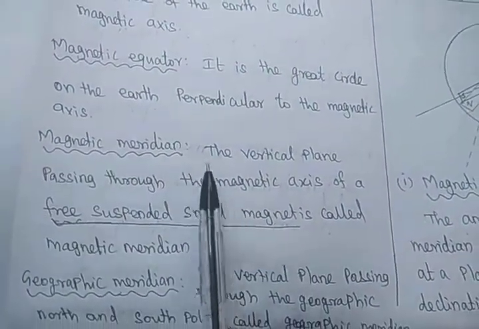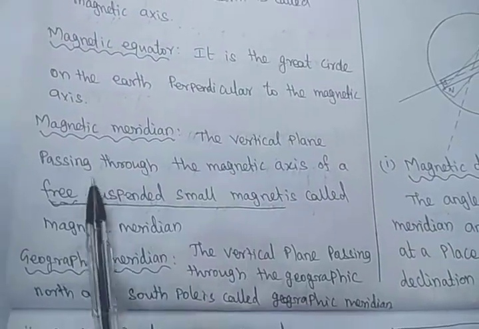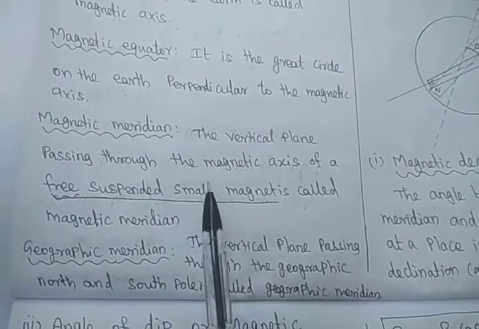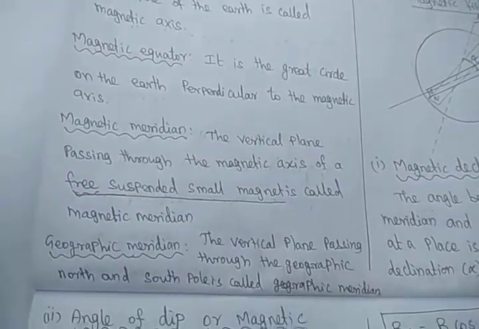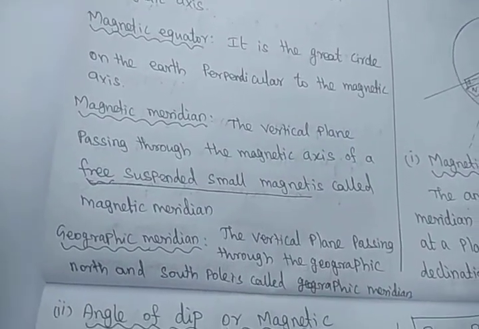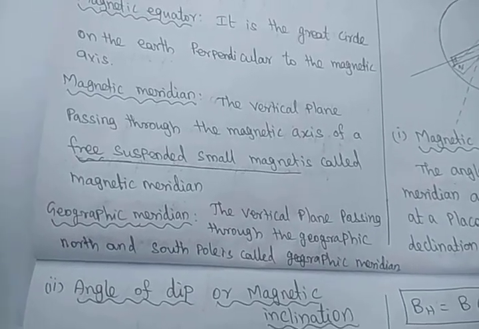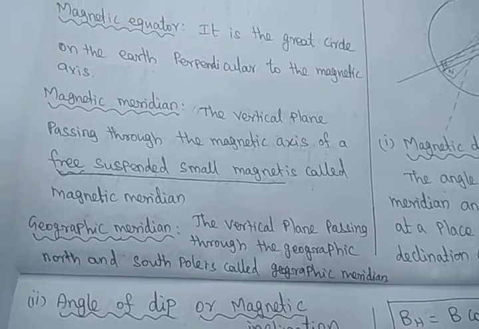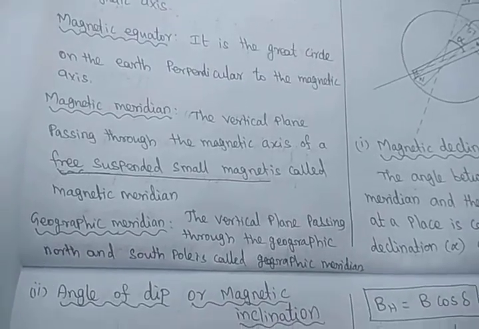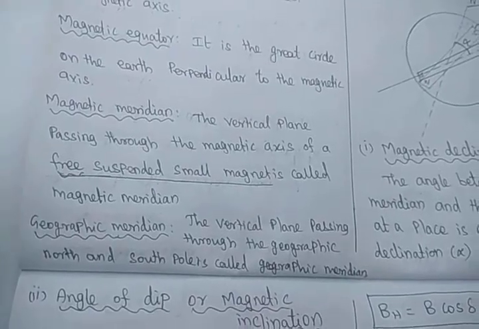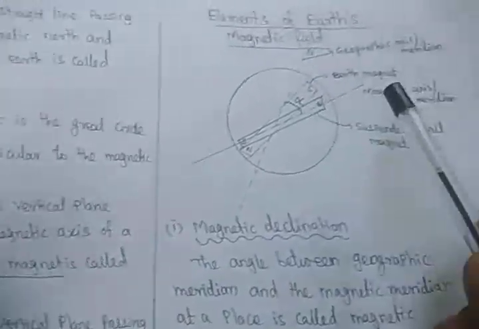Then magnetic meridian: a vertical plane passing through the magnetic axis of a freely suspended small magnet is called the magnetic meridian. Very simple. If you take a small magnet tied with a thread and suspended freely, the freely suspended magnet will come to rest in the north and south direction of the earth's geographical direction. Yes or no? I will show the picture.